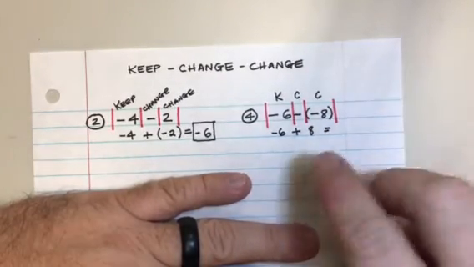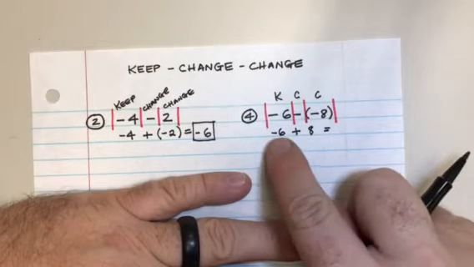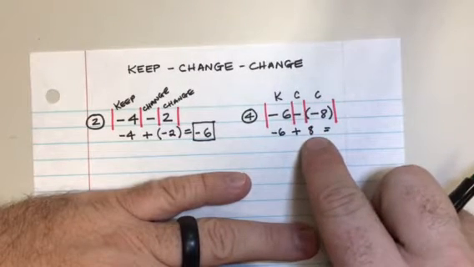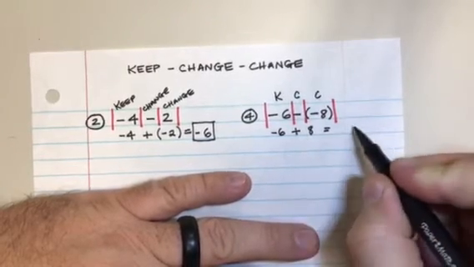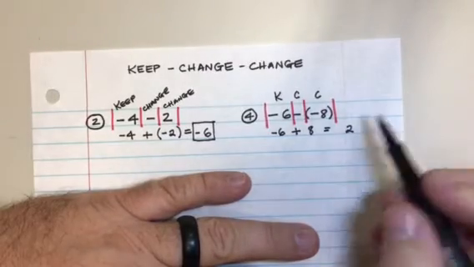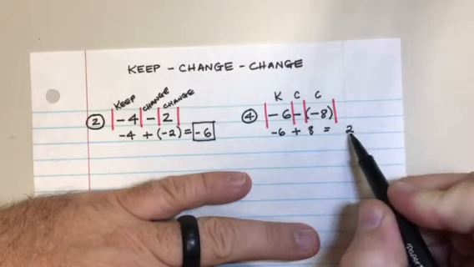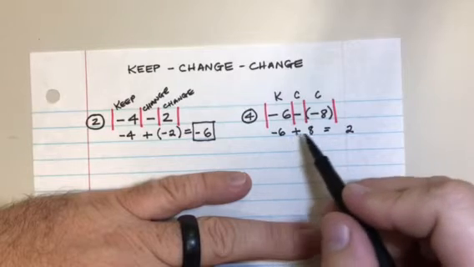When we have different signs, one negative, one positive, our rules for addition say that we find the difference between these two numbers, which would be 2, and the sign that goes with our answer is the sign of the number that has the greatest absolute value.